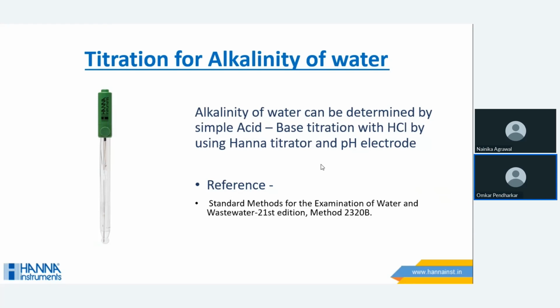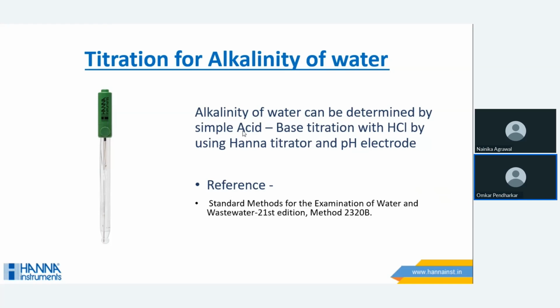So in case of alkalinity determination, we will use the pH electrode for the analysis. This method has the reference in the standard methods for the examination of water and wastewater 21st edition. So by using this method, we can directly determine the alkalinity of the water sample.